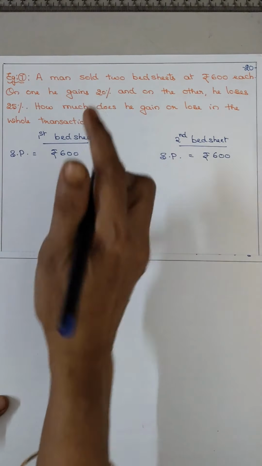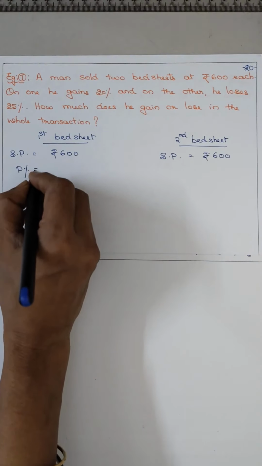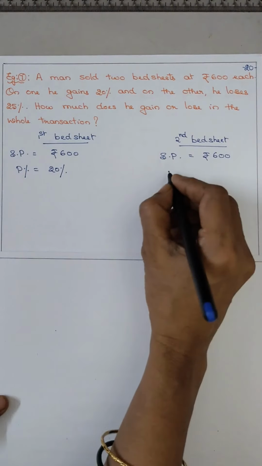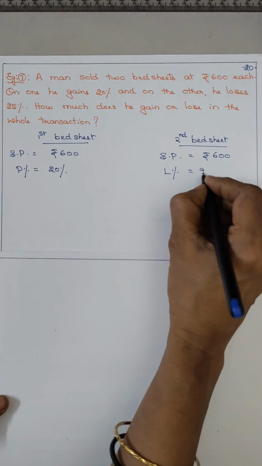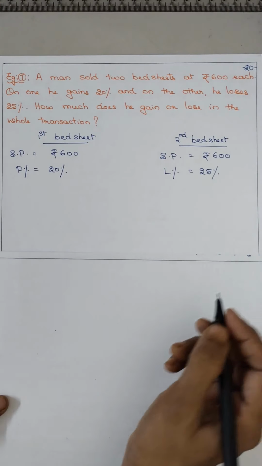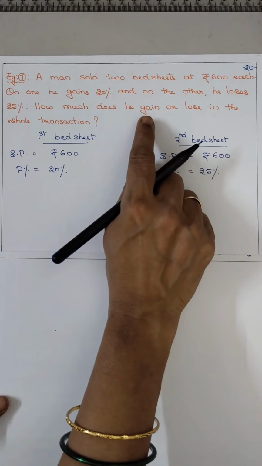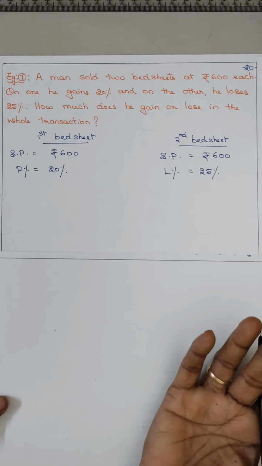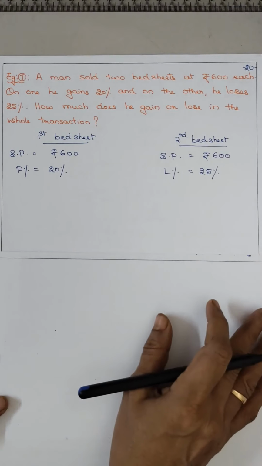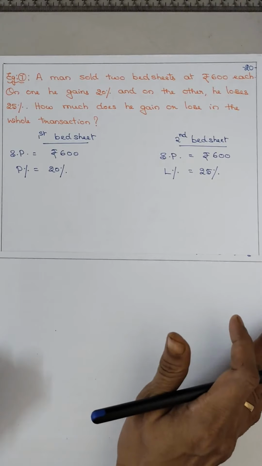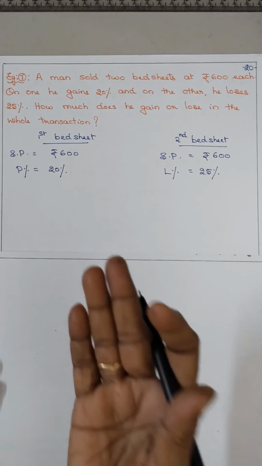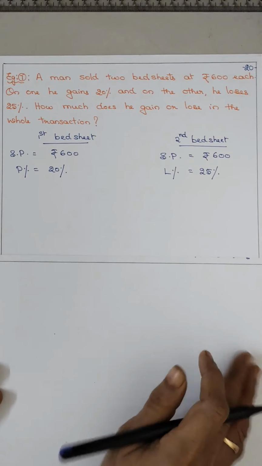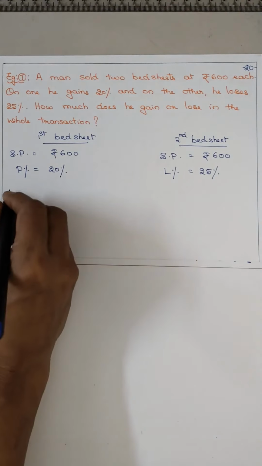But on the first bed sheet the profit percent is 20% and on the second bed sheet the loss percent is 25%. Now you have to find out whether it is a profit or loss overall on both bed sheets. SP is given; to see profit or loss, what do we need? CP. So find out CP in both the cases.